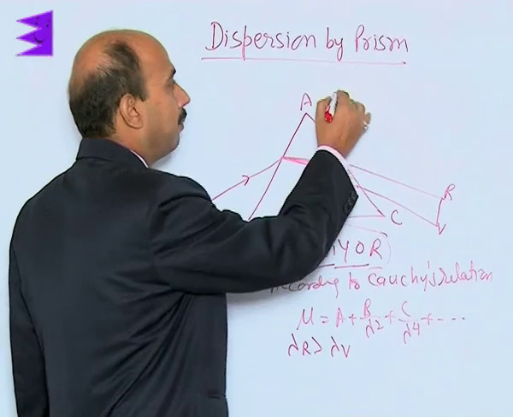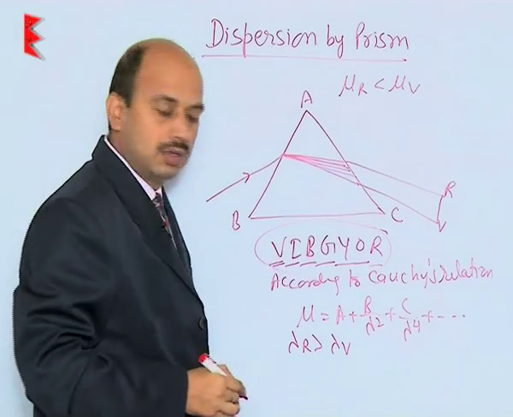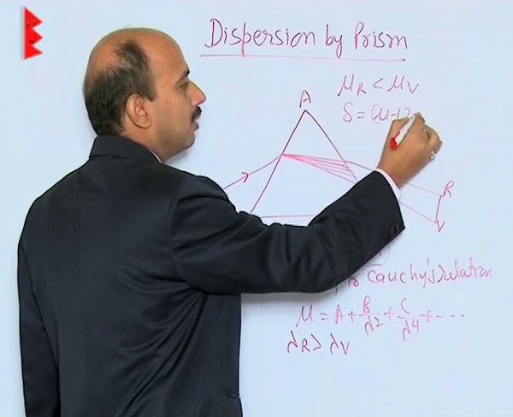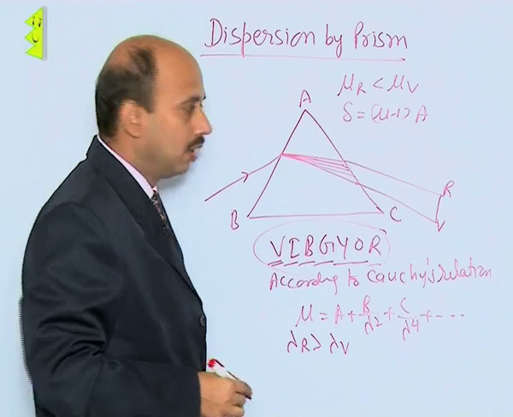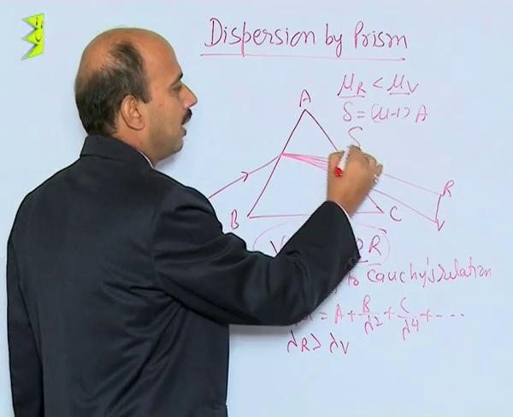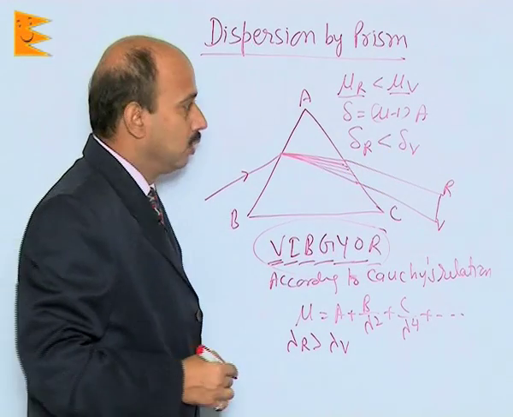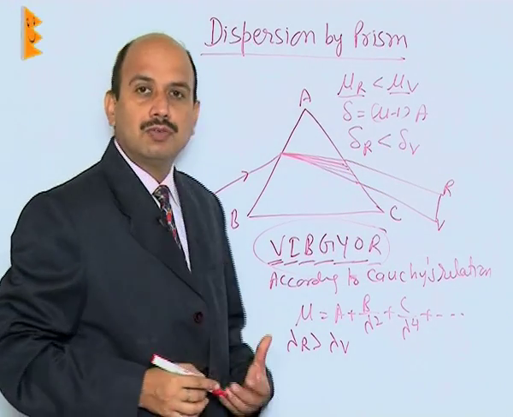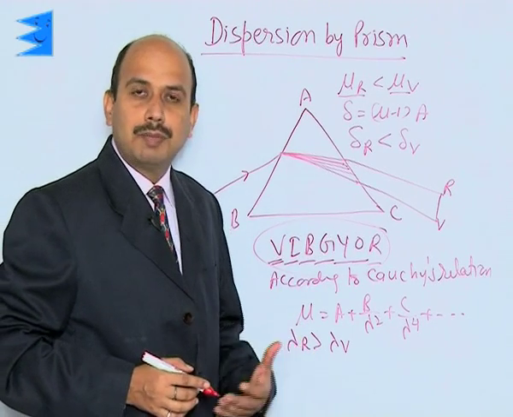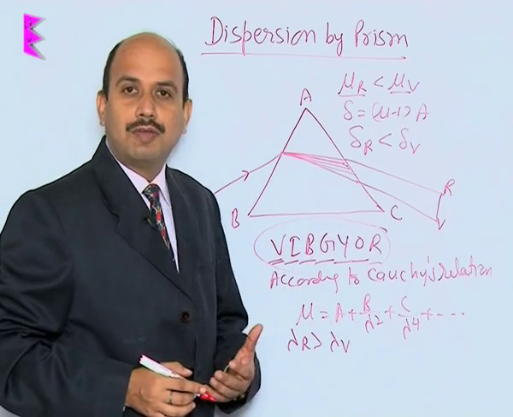Therefore, we can write mu r is less than mu v, and as we know delta is equal to mu minus 1 into A. So obviously, if mu r is less than mu v, then delta r is less than delta v. So because of the different refractive index for different wavelengths, the colors deviate by different angles, and because of that dispersion of light takes place.